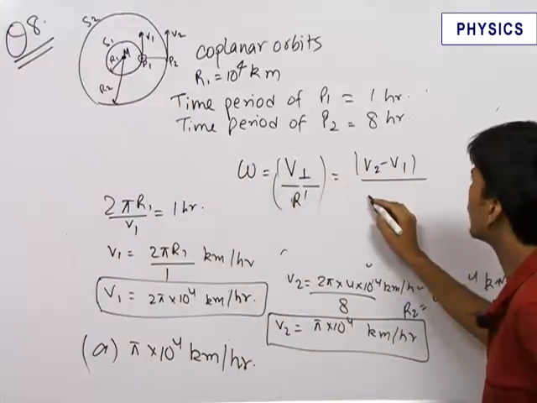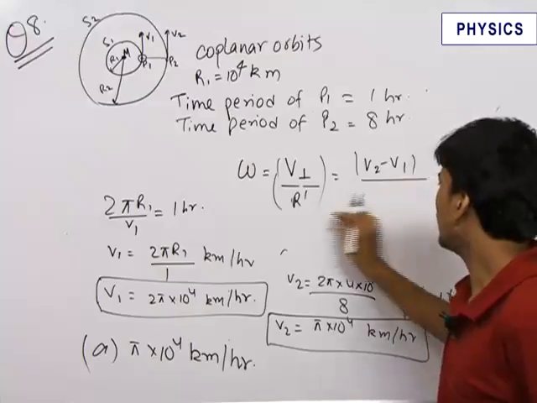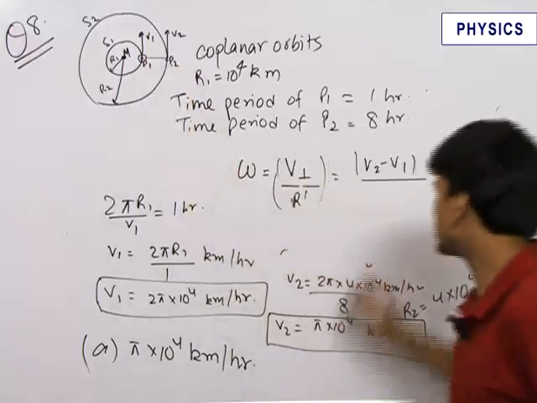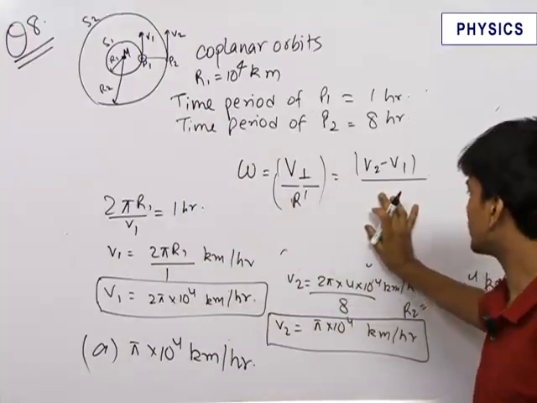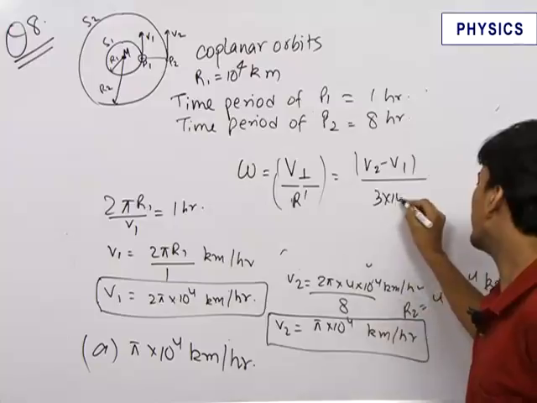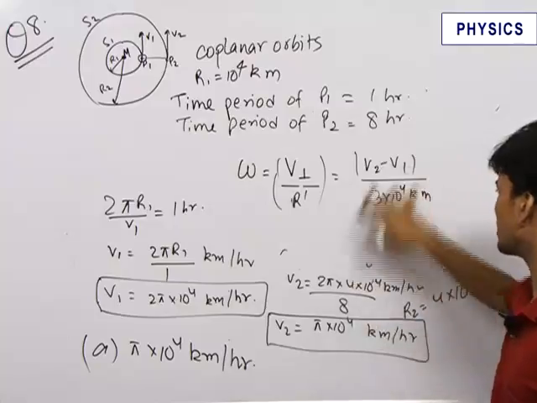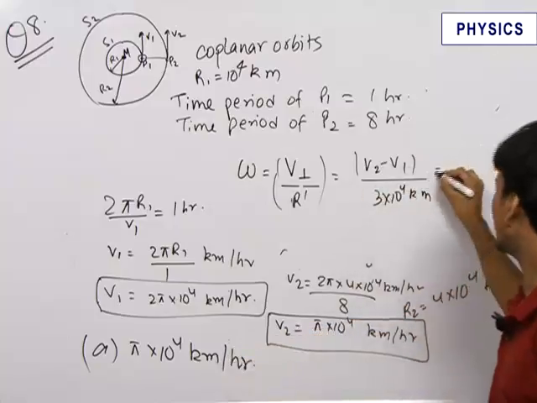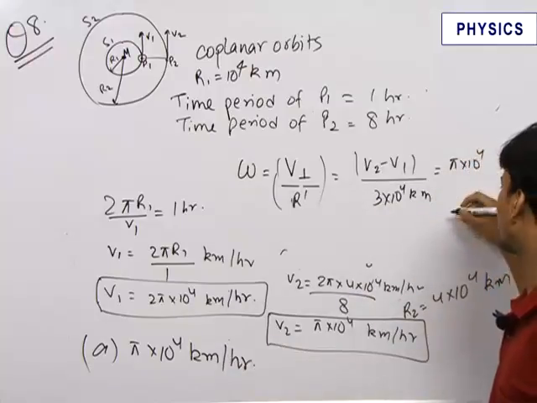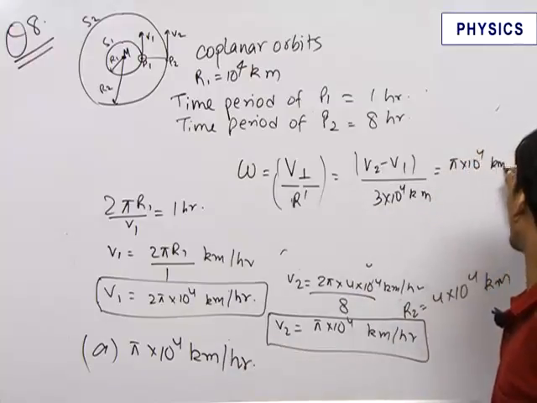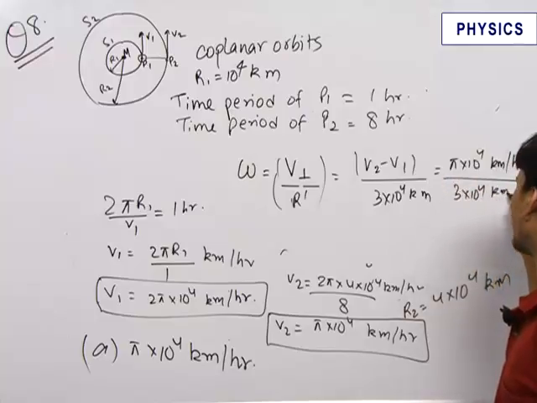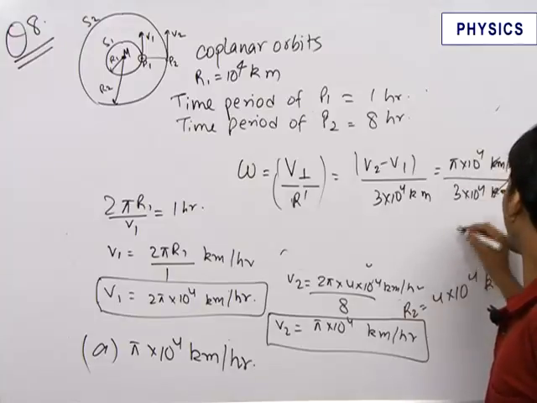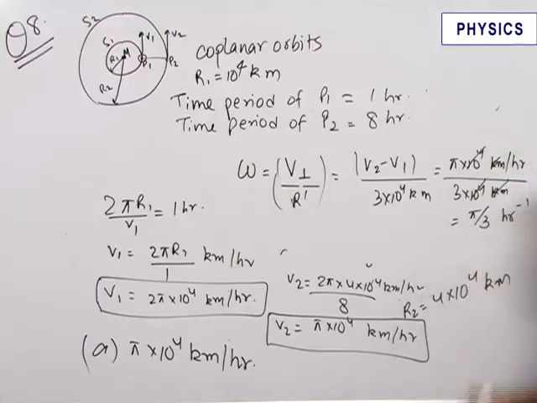This is V relative perpendicular upon r', where r' is the distance between these two, that is r2 minus r1, that is 4 into 10 raised to 4 kilometers minus 10 raised to 4 kilometers, that is 3 into 10 raised to 4 kilometers. We substitute the value of v2 minus v1 to get pi into 10 raised to 4 kilometers per hour upon 3 into 10 raised to 4 kilometers, to get the answer as pi by 3 per hour.